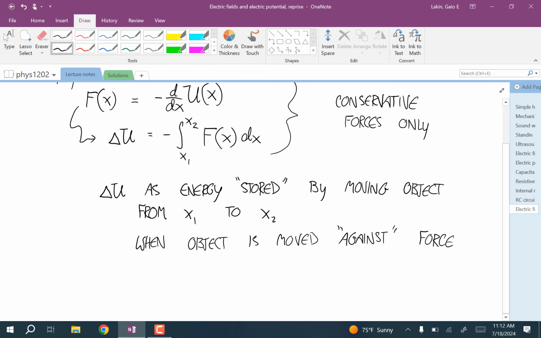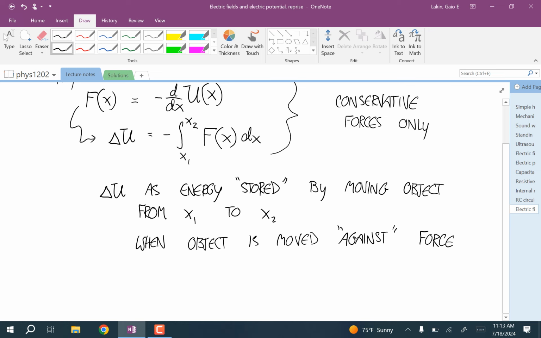Okay. So what does it mean? If you move an object against the gravitational force, it means you're moving it up, okay? And so say you move an object 1 meter up. How can you think of that as stored potential energy? Well, you can do that just by holding the object in your hand.